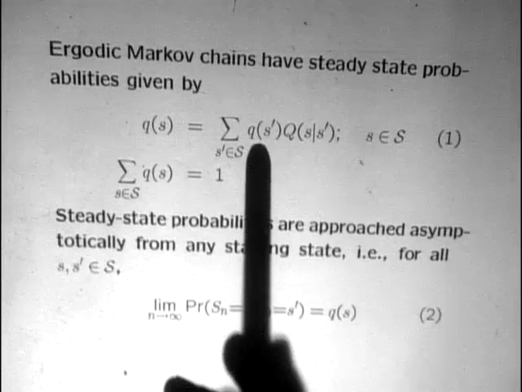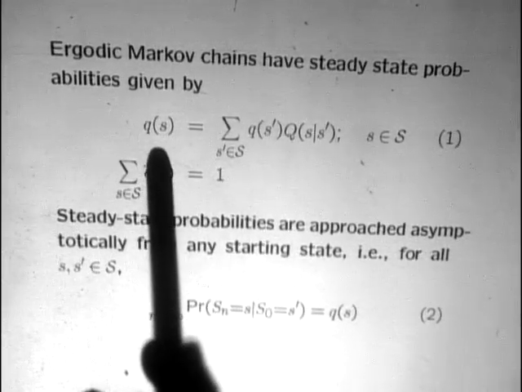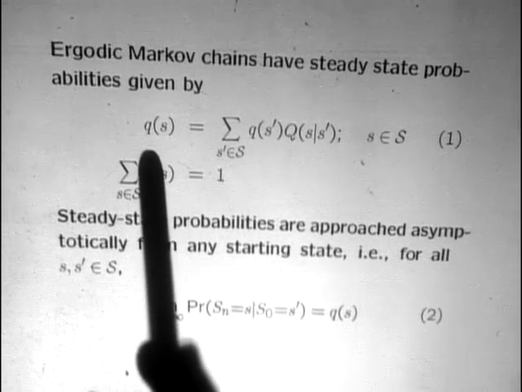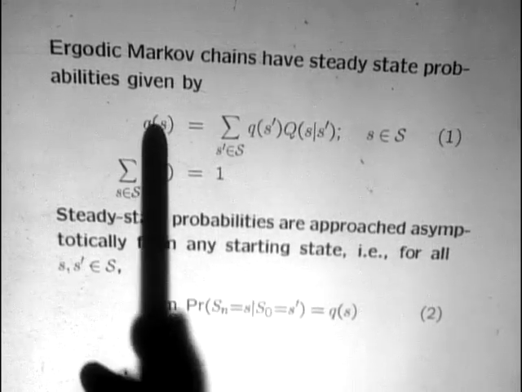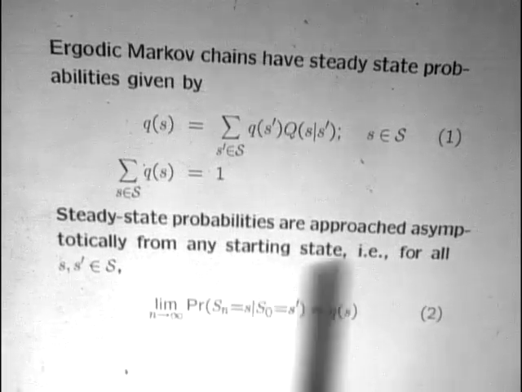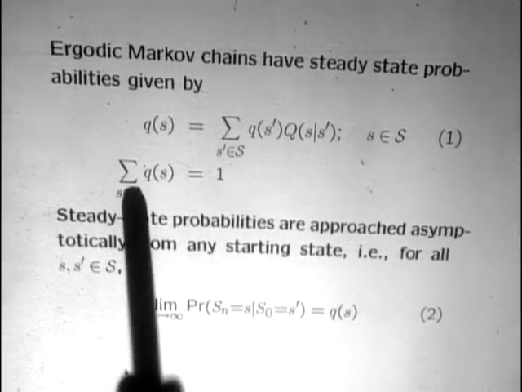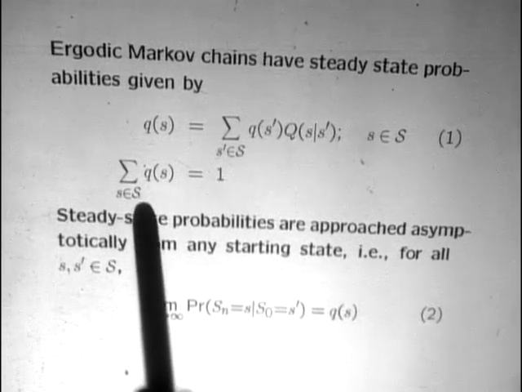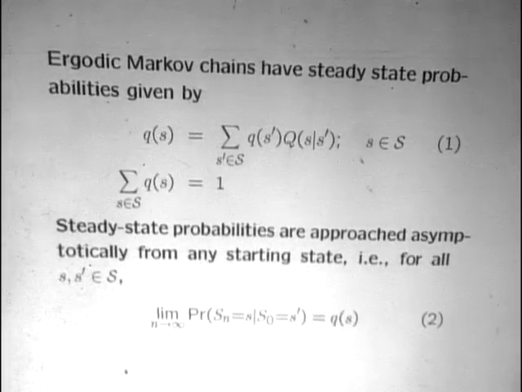Now, if this probability distribution is the same as this probability distribution, then you say that you're in steady state. Because you do this again, you plug this into here, it's the same thing. You get the same answer at time n plus 1. You plug it in again, you get the same answer at time n plus 2, and so on forever. So you stay in steady state.